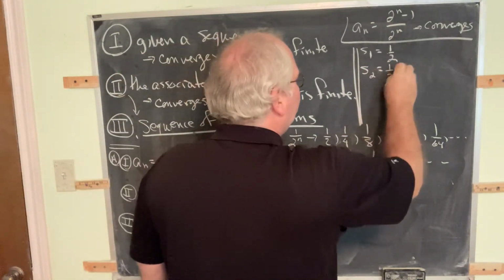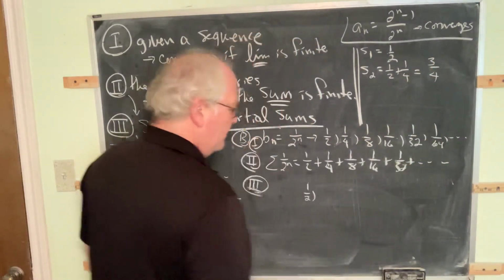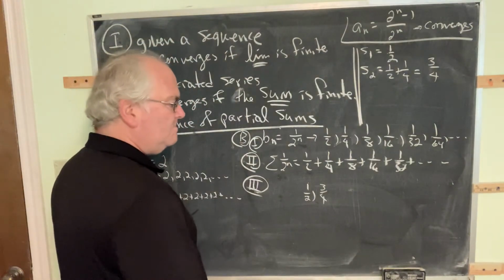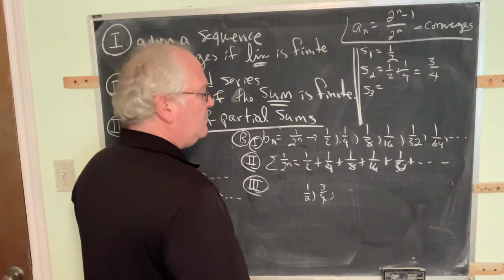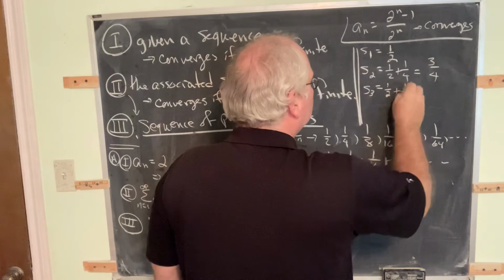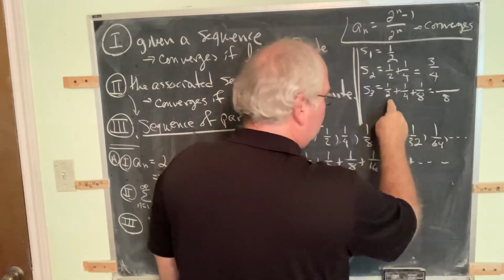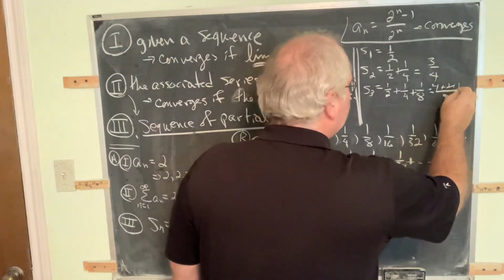Well, 1/2 plus 1/4 is 3/4. That's the next term. Partial sum number 3 is 1/2 plus 1/4 plus 1/8. Common denominator is 8, so that's 4 plus 2 plus 1, which is 7/8.